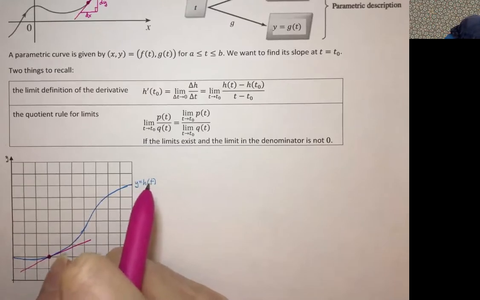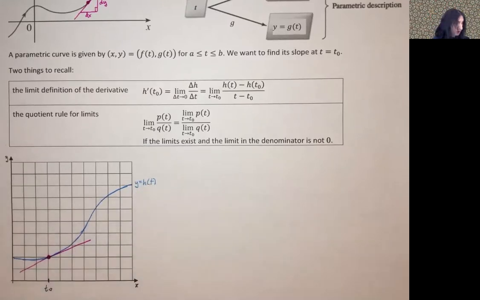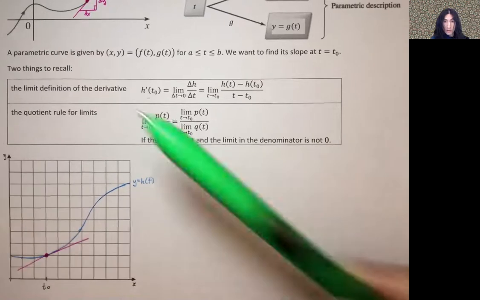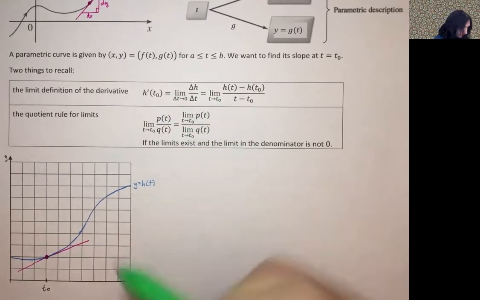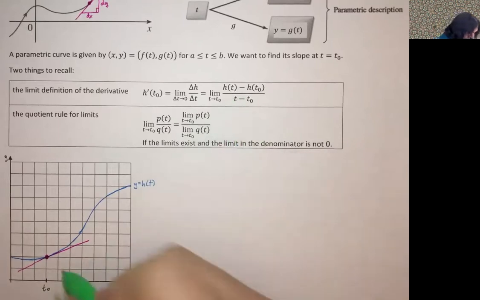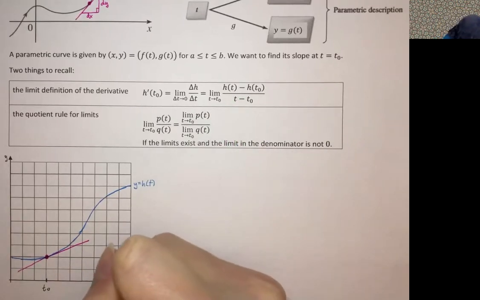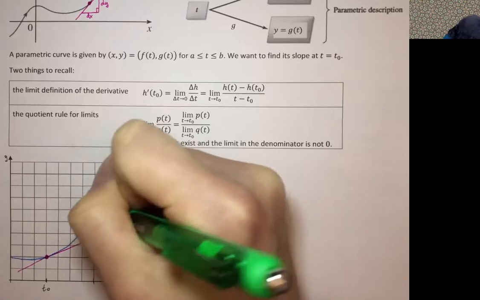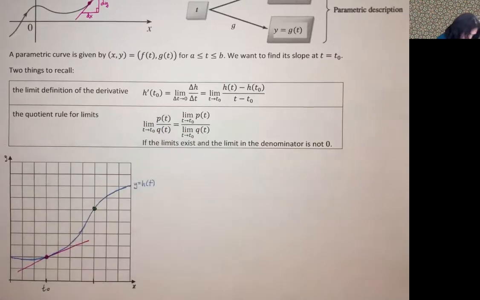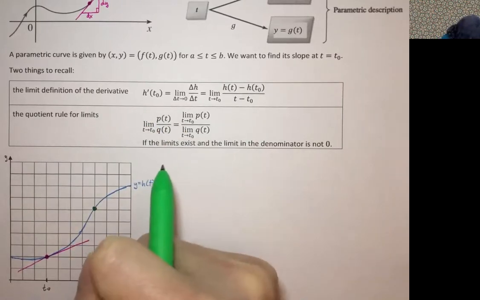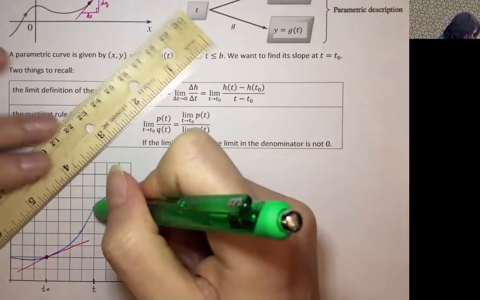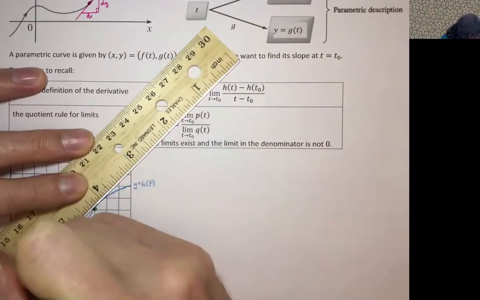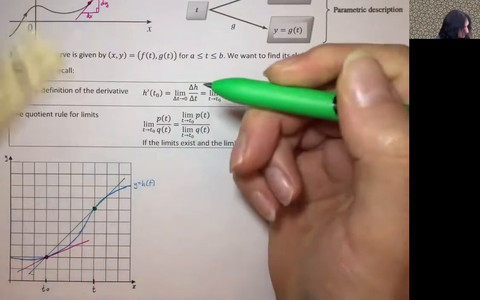And in order to do it, we're going to need this change in output divided by a change in the input. So we're going to need another coordinate, t, which is nearby, up here, say, t. And think about the slope of the secant line between those 2 points.